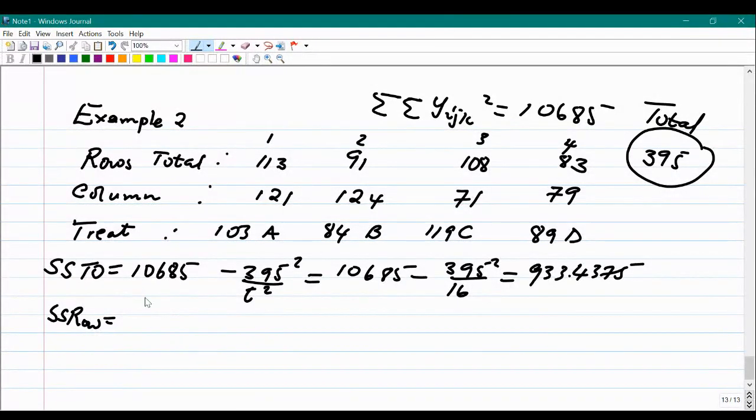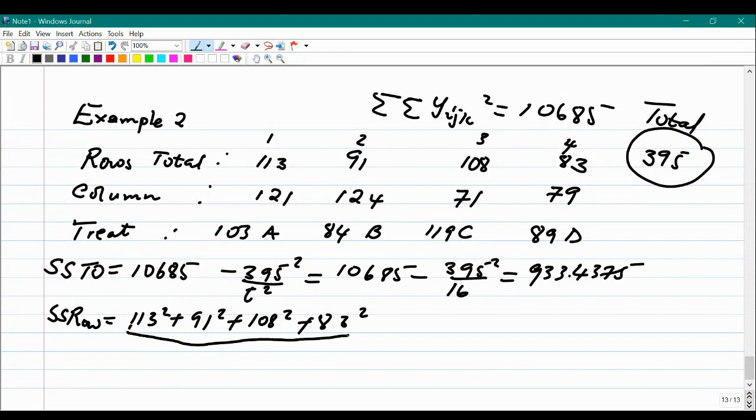So this one, SS row. Remember last week we said you go to the totals: 113 squared plus 91 squared plus 108 squared plus 83 squared. You divide everything by T. How many treatments do we have? We have 4. Minus 395 squared over 16. What is the answer?